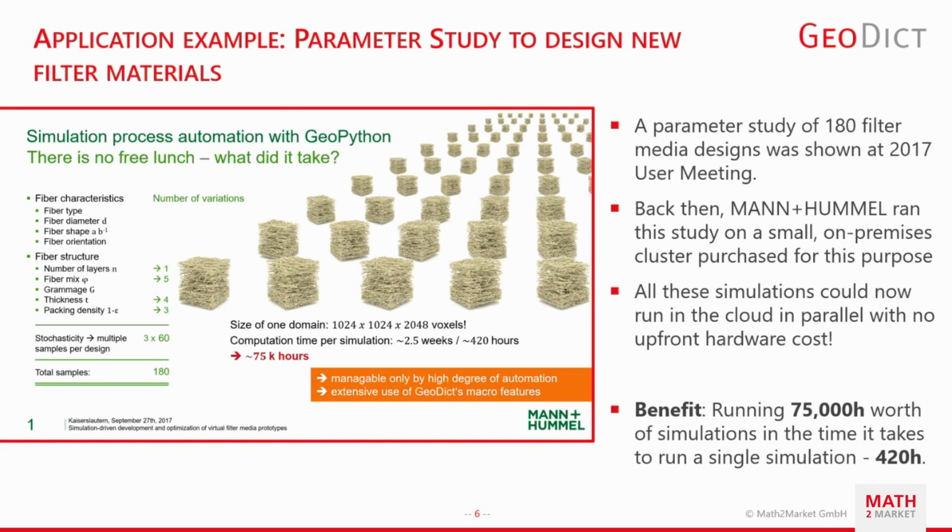And this still took a long time. Nowadays, with our cloud solutions, those simulations could be running in the cloud totally parallel. So all of these 180 simulations could be run in parallel, which means that 75,000 machine hours worth of simulations could be performed in the time that a single simulation takes, which would be only 420 hours.